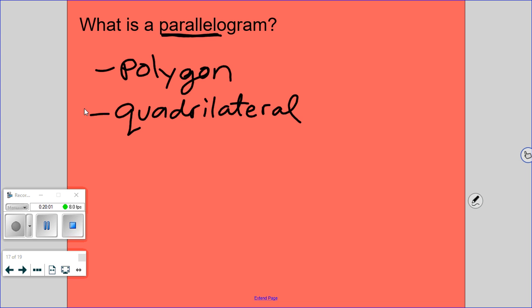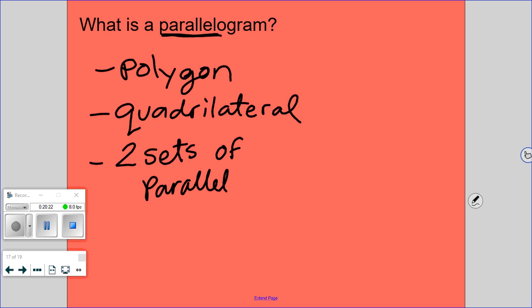We gotta throw in that parallel part. A parallelogram is different from a trapezoid because it has two sets of parallel sides.